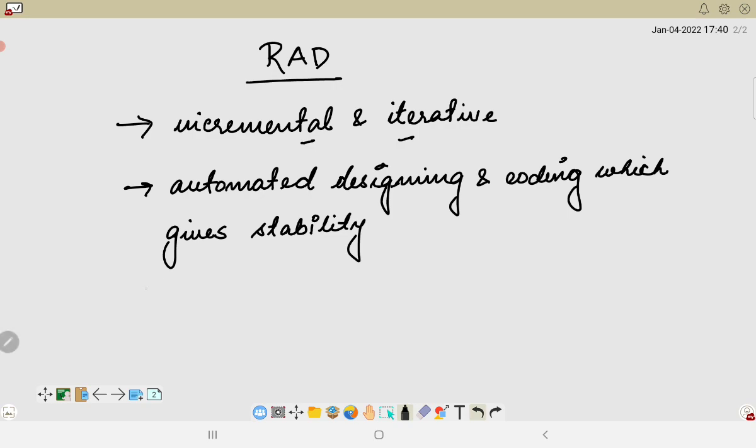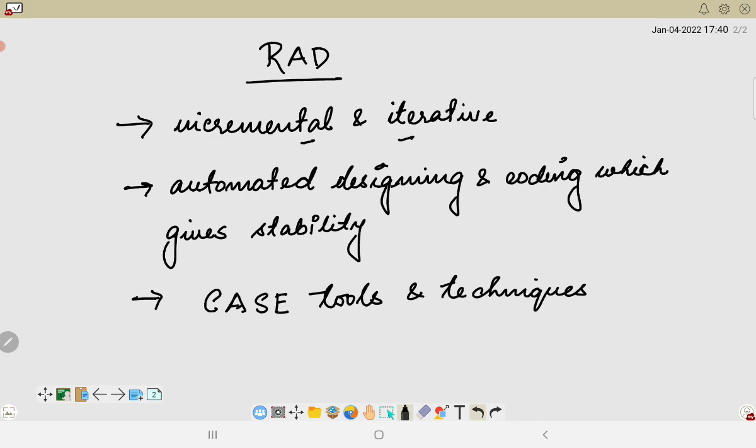Moreover, since we are talking about an automatic designing process or coding, it makes use of computer assisted software engineering tools. These are also known as CASE tools and techniques, and they help us to generate the design as well as the related code using various code generators and prototyping tools.